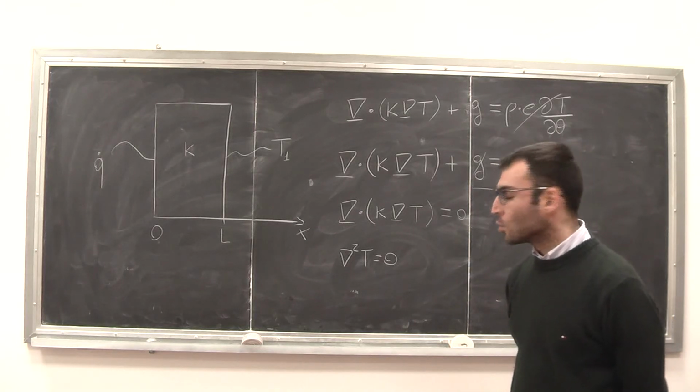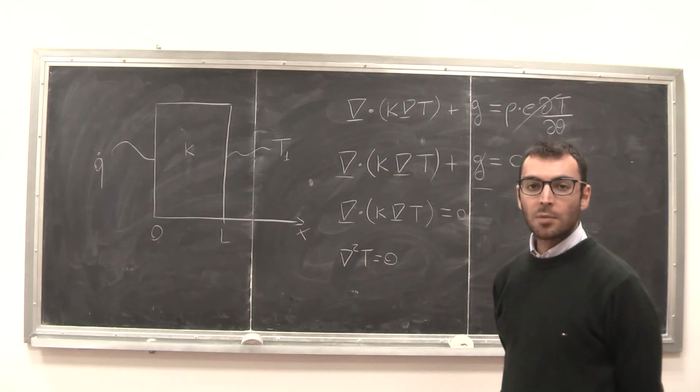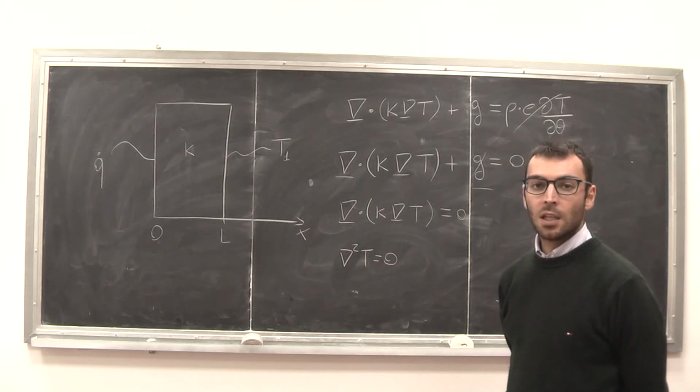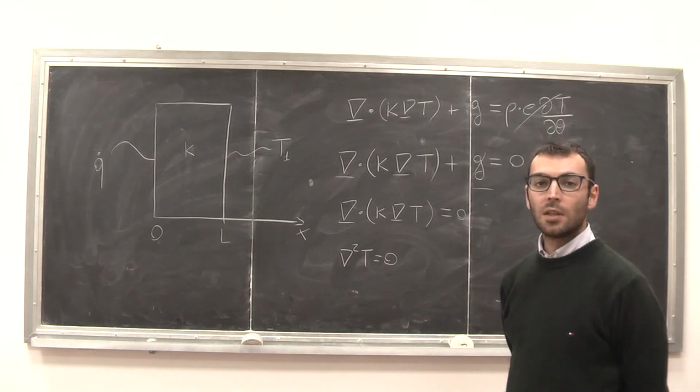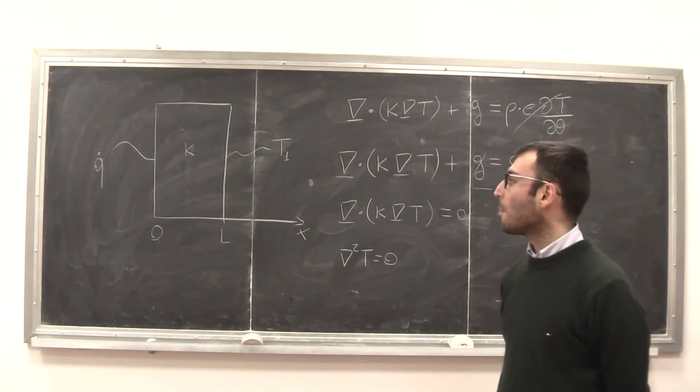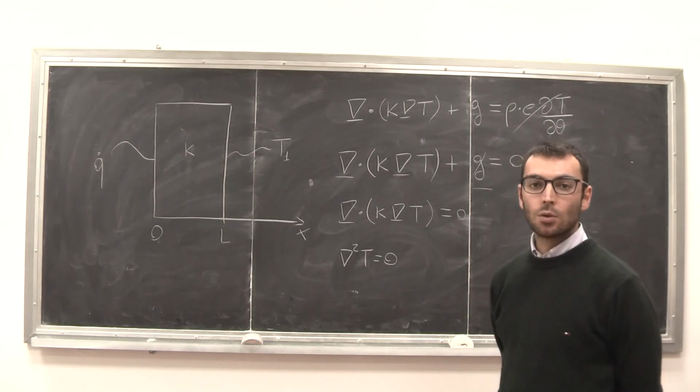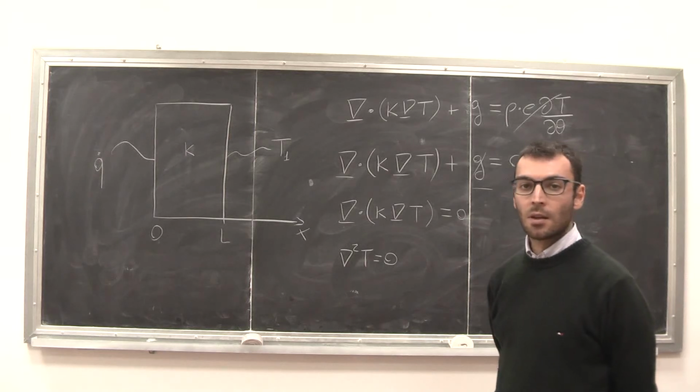Therefore, according to the way we explicit the Laplace operator, this equation can be expressed in rectangular, cylindrical, spherical, or other system of coordinates. In our specific case, we have a planar wall, and so the most convenient choice is to express the Laplace operator in rectangular coordinates.